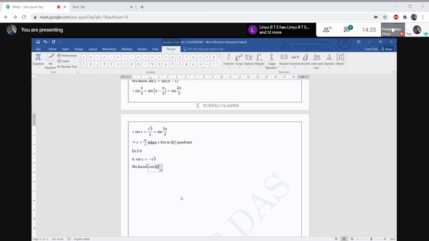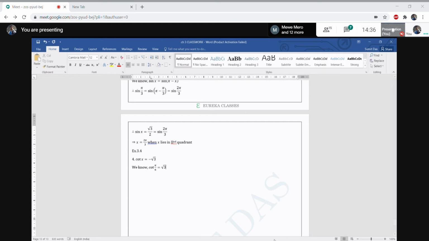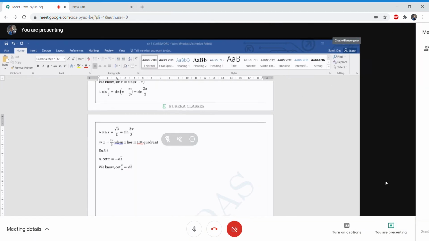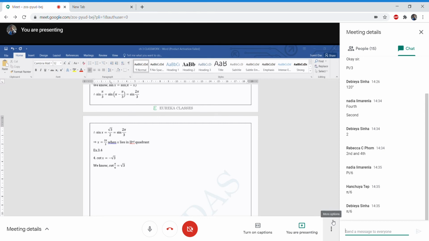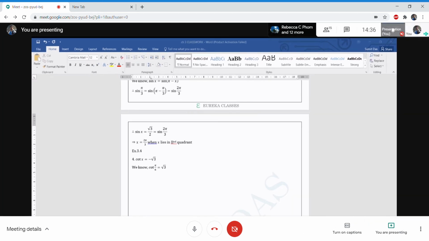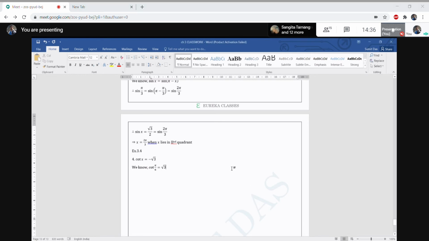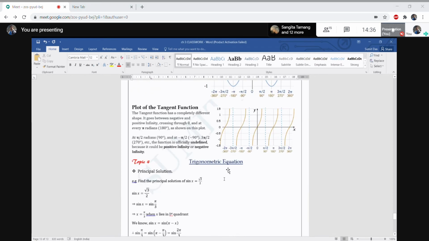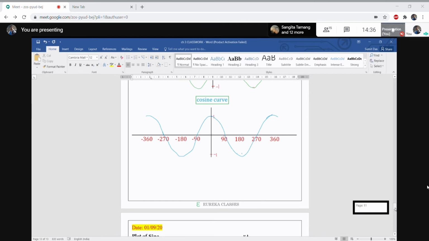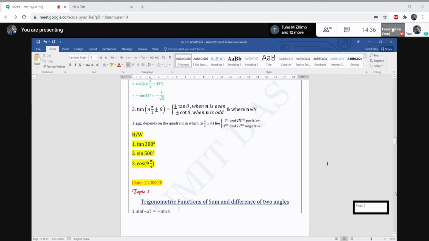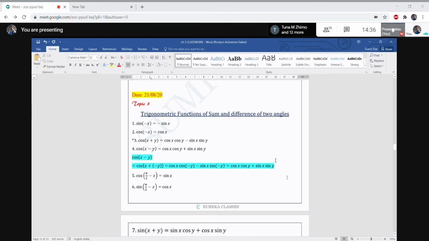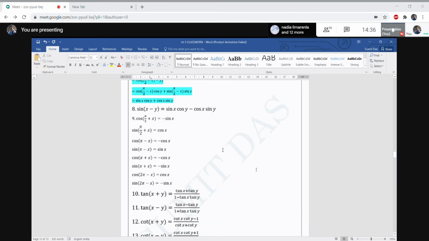Pi by 6, I guess. Correct or wrong? Cot pi by 6 is root 3, right? So that means if we use the formula, I'm showing you again this formula number 9. I hope all of you already copied the formula.